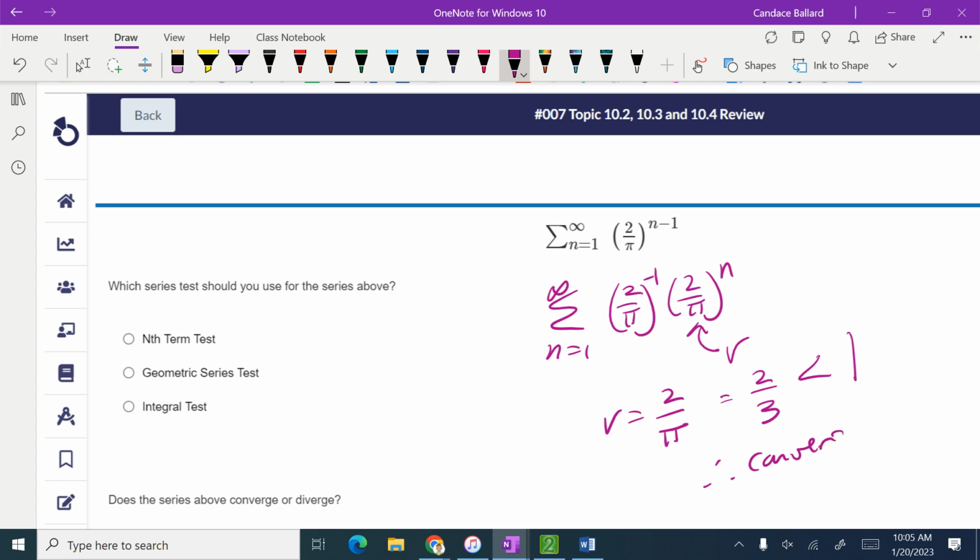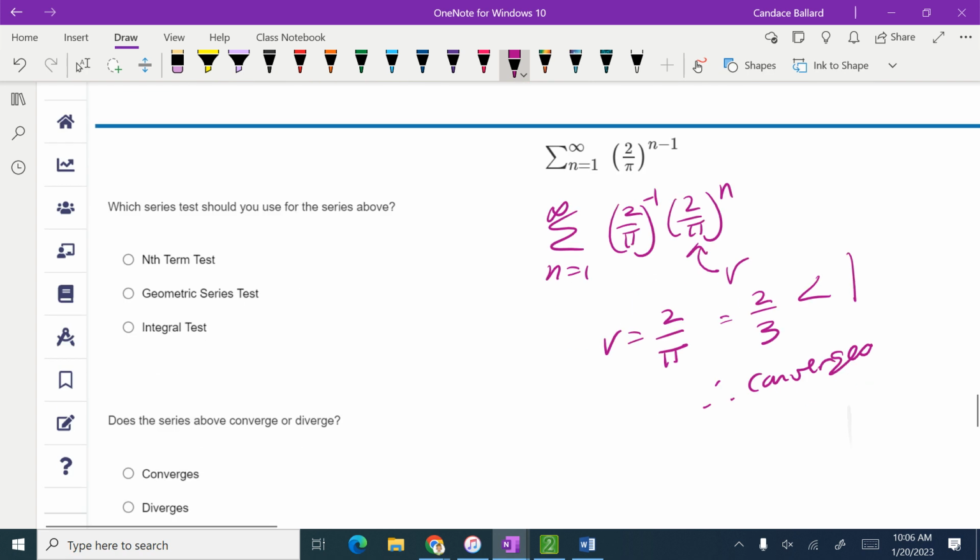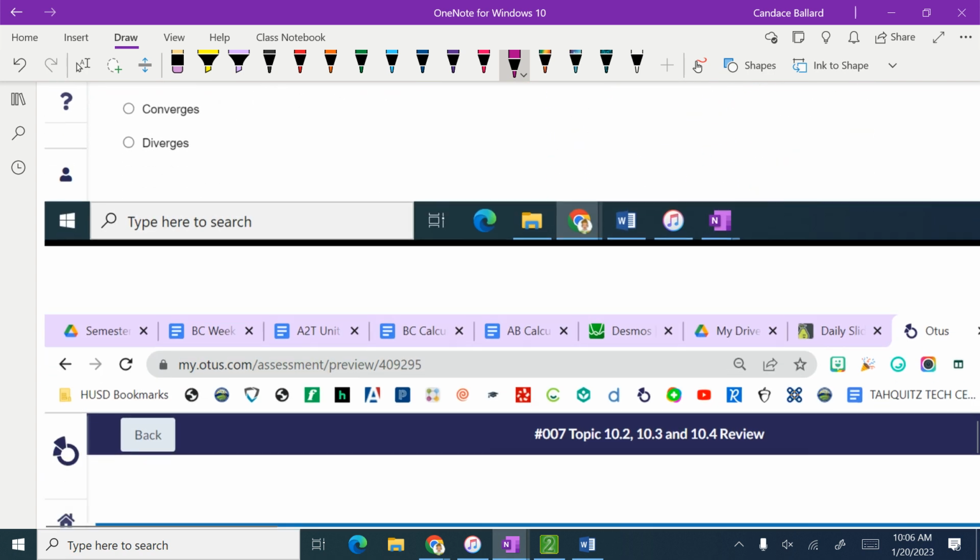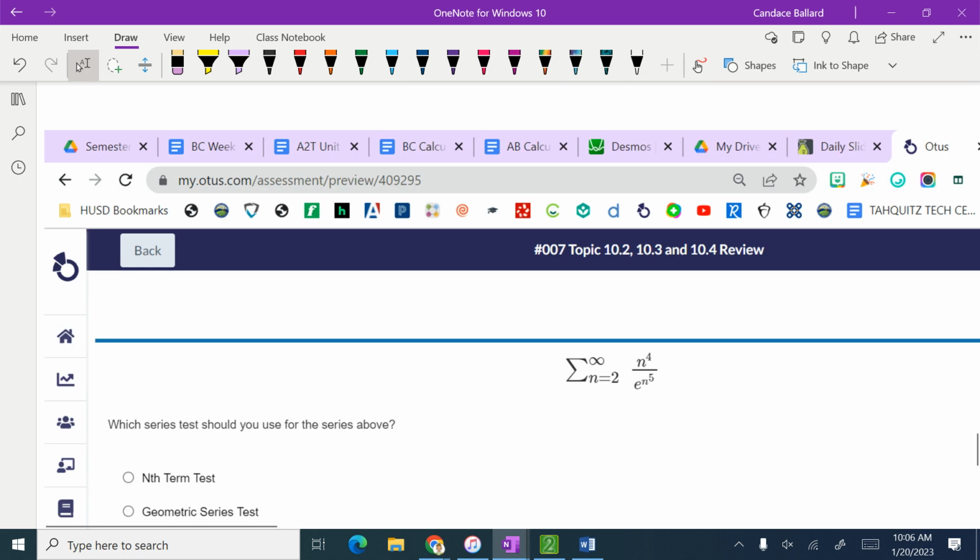Converges. Okay. I really want you to make sure you get down to less than 1, greater than 1, because there's another test we do that same thing on, but it's opposite. So you need to make sure you've got geometric down. I don't even want to teach that other test until you have this down. Okay, everybody got it? Okay.